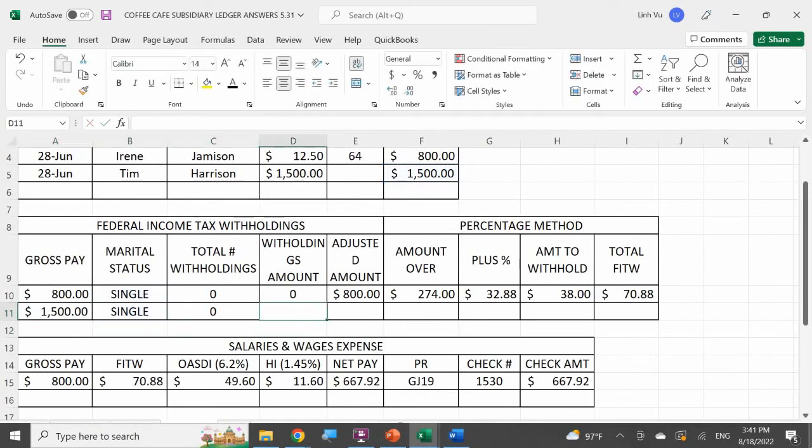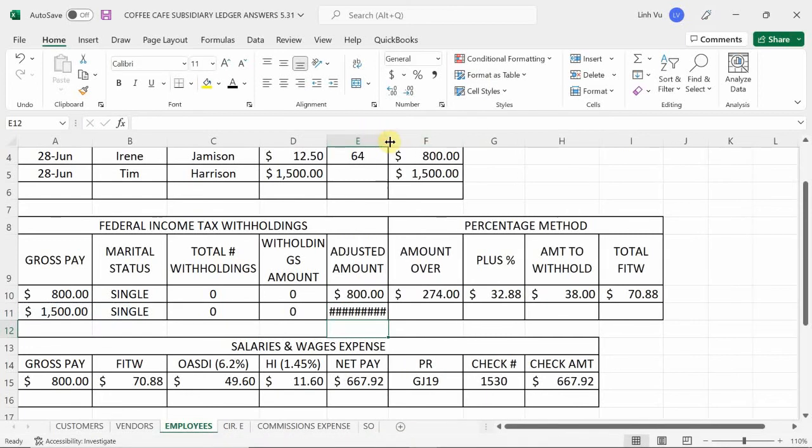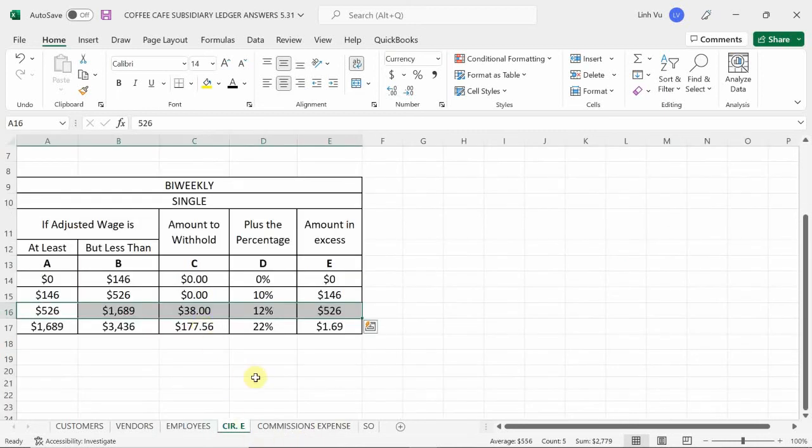We know he has no withholding, so therefore nothing there. So that means he is subject to $1,500 worth of taxable income. So, going through the Circular E table once again, single table, biweekly payroll.